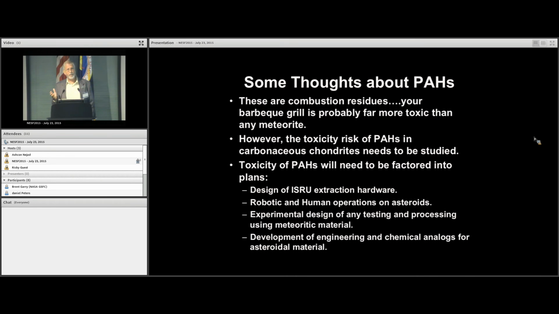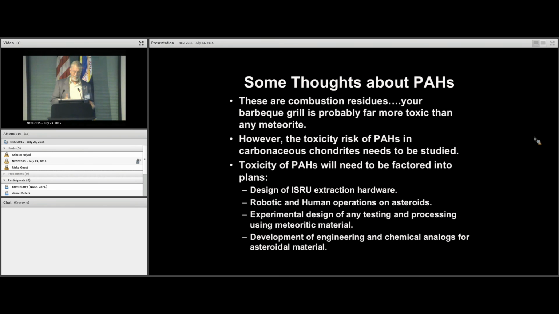This is hardly the worst thing in any lab. It's actually pretty safe. You know, meteoriticists have been handling this stuff for decades, and I have not observed any increase in the death rate of meteoriticists. In fact, meteoriticists tend to be very long-lived. There are those in the audience that have been handling carbonaceous chondrites for decades, and you're still around.